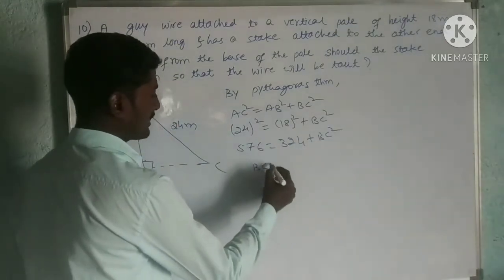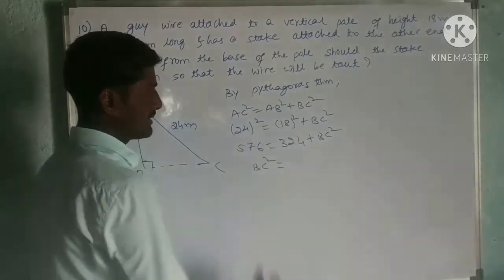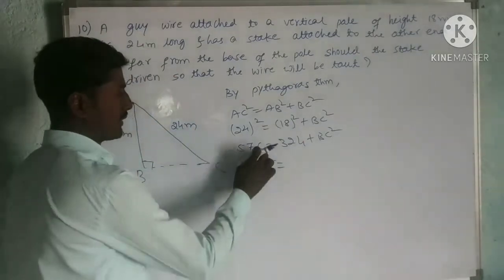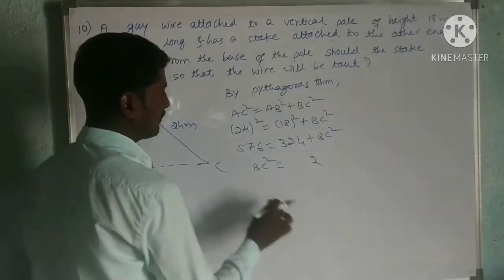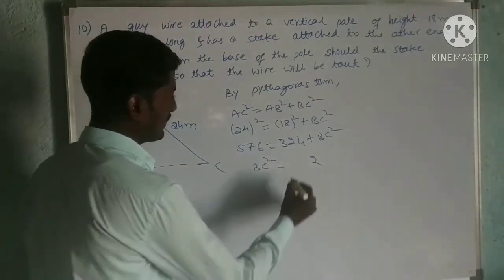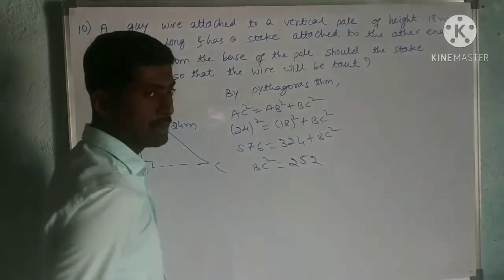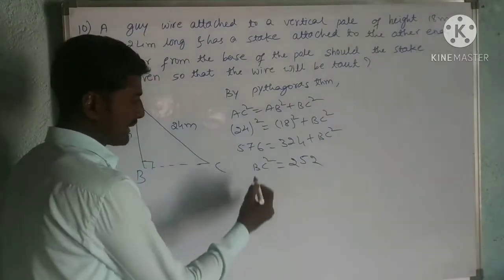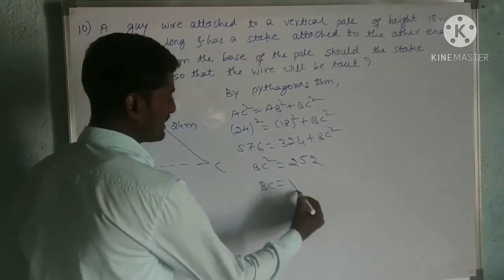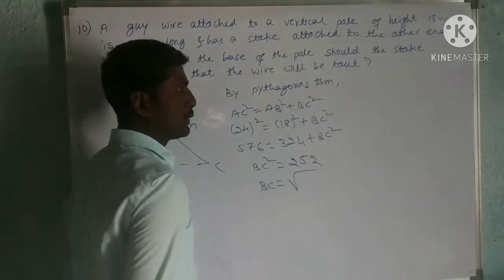Now BC square is equal to 576 minus 324, that is 252. BC is equal to under root of 252.